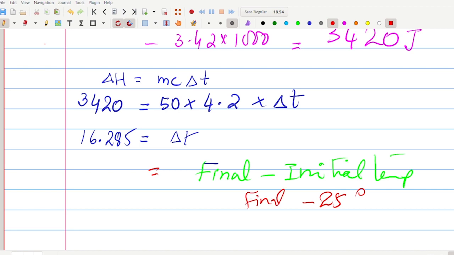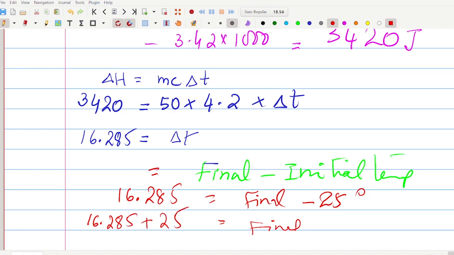Final minus 25 is equal to 16.285. So get the answer: final is 16.285 plus 25. What is the answer? Ma'am, we got 41.285, the final temperature.